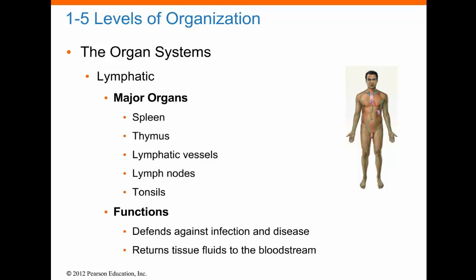So they're the lymph nodes, and of course another important organ is the tonsils. They're involved in defending against infection and disease, and they return tissue fluids to the bloodstream.